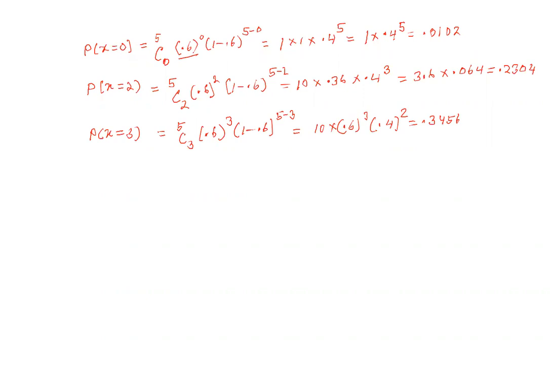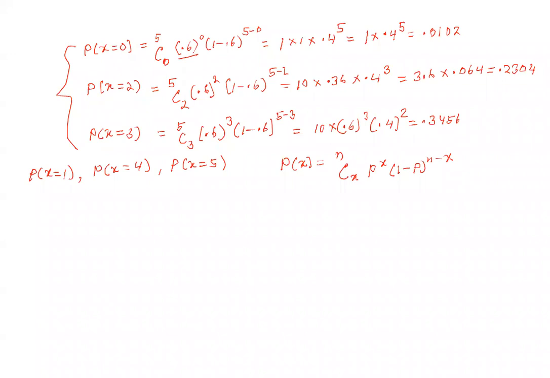Next, I don't think I need to do any more. You can go ahead and find the probability of X is equal to 4, probability of X is equal to 5, and also probability of X is equal to 1, exactly using the same process. And remember, binomial distribution: probability of X is equal to NCX P to the power X times 1 minus P to the power N minus X. You can use this formula and do these problems.